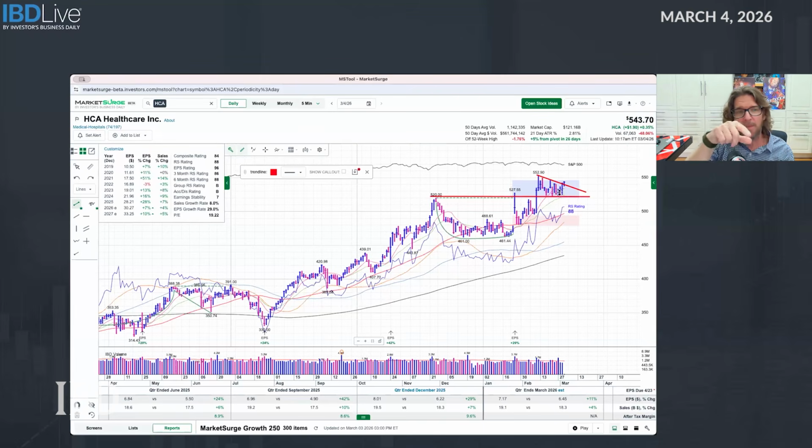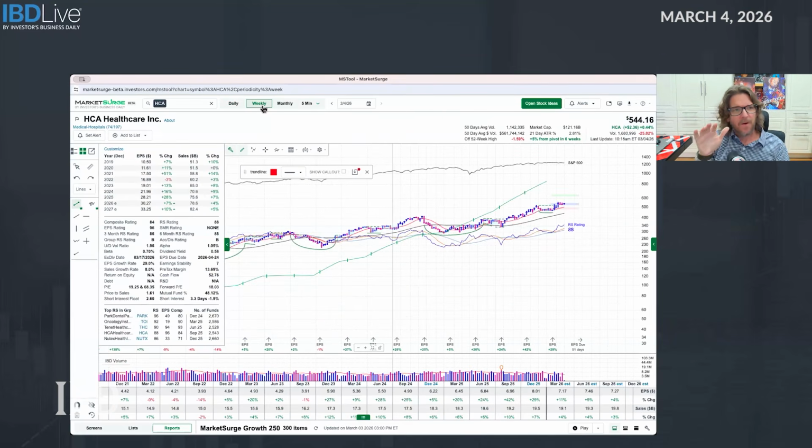Now, let's go to the weekly on this one, if you don't mind. That's just a beautiful thing, that earnings line. And I still remember when we didn't have the earnings line in Market Surge, and it's so nice to have it because that's what we had on the institutional side of things. So now I look at this and it reminds me of an old Wanda chart.